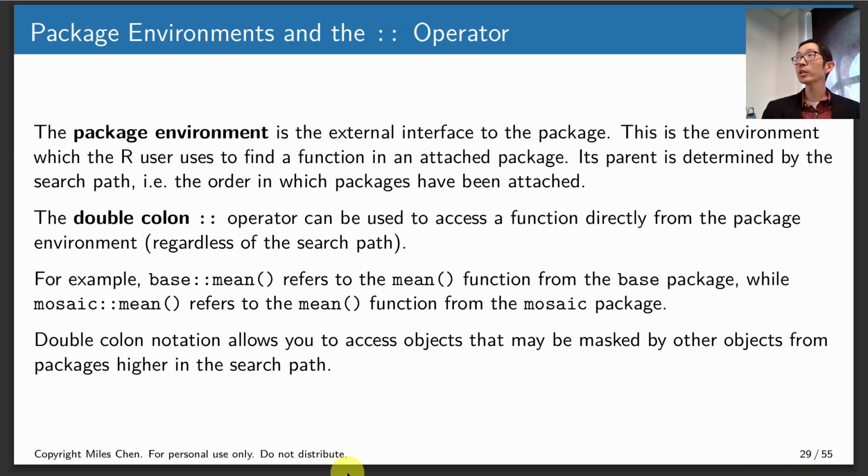The double colon operator is used to find a function directly from the package environment regardless of the search path. So we have the function mean, which exists in base, and you can reference that function by doing base double colon mean, okay? There's another package called mosaic, and inside the mosaic package there's a function mean, and if you want to use that function, you call mosaic double colon mean and things like that, okay? So the double colon will reference that.